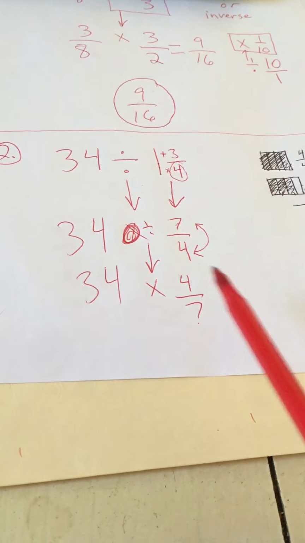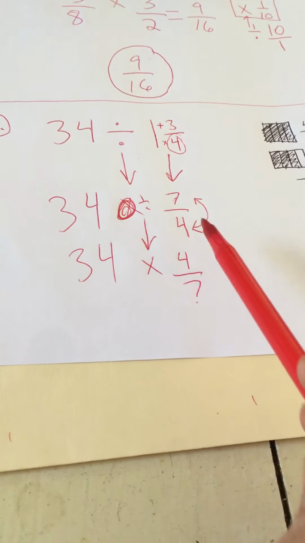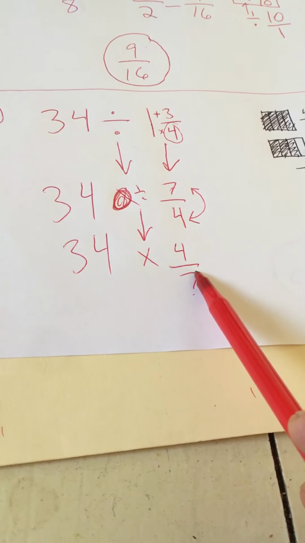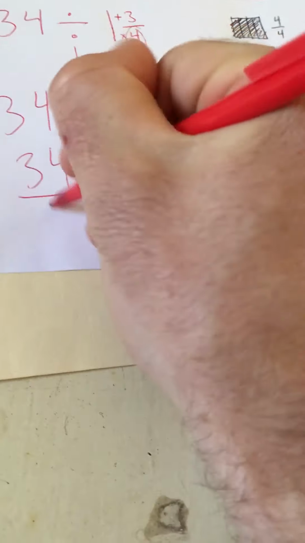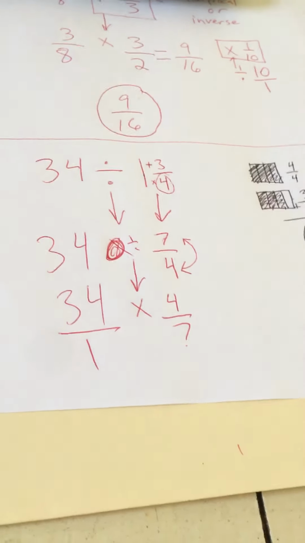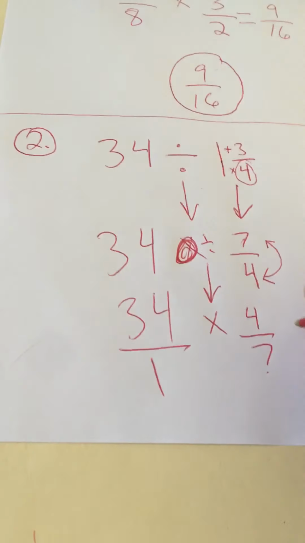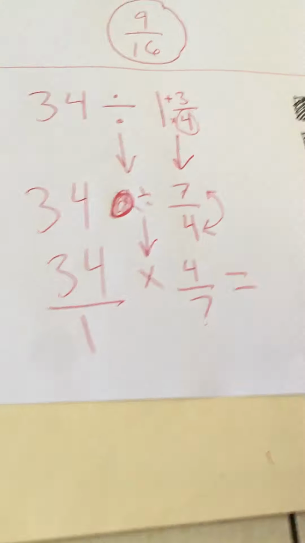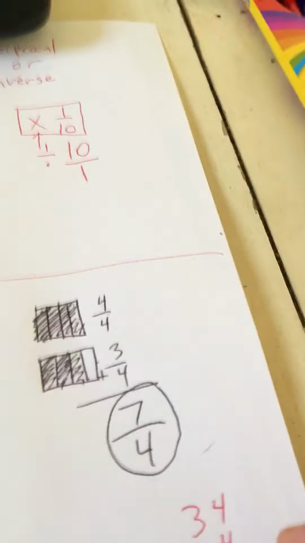Okay, so we changed division to multiplication. So we took the inverse of this, or the reciprocal of that, and now we can multiply. 34 can be written as a whole number as, well, the whole number can be written as a fraction as 34/1, and we're going to do it times 4/7. So 34 times 4, give yourself some space. 34 times 4.